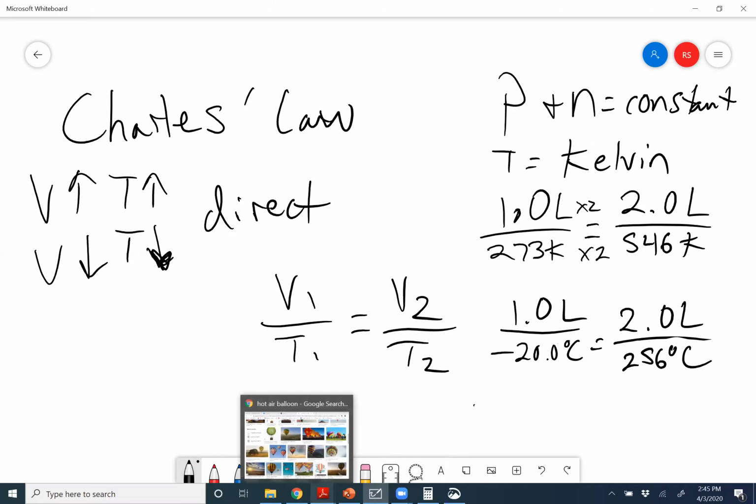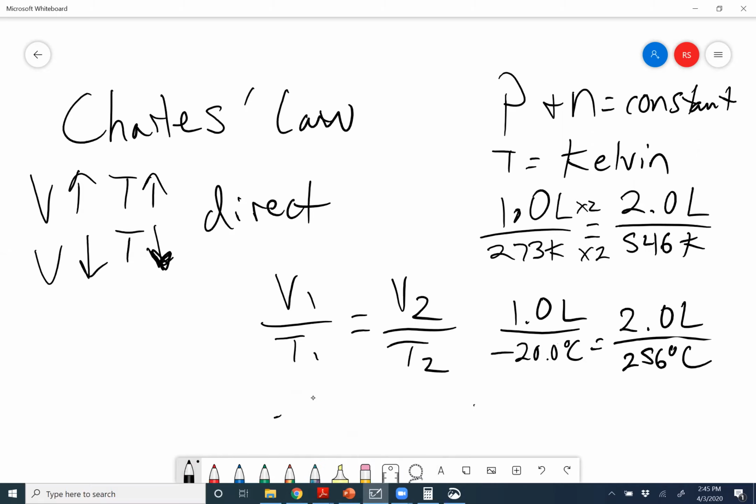However, if we use the Kelvin scale, then this is actually 256 Kelvin. Sorry, 253 Kelvin. And then this is 506 Kelvin.